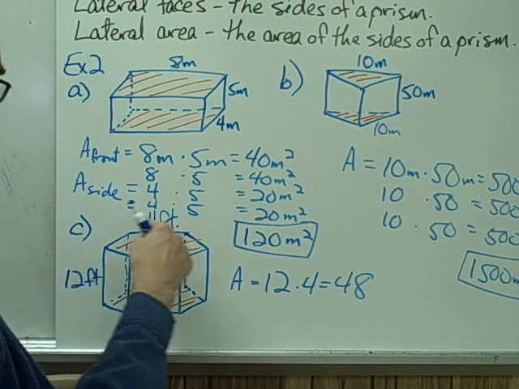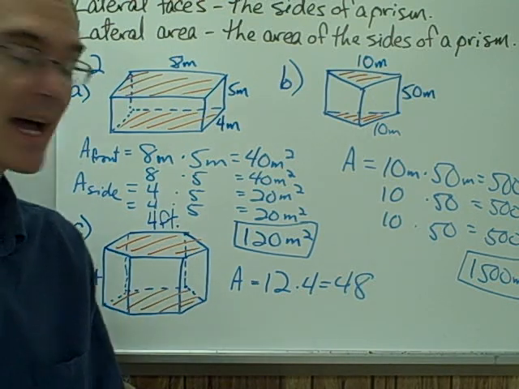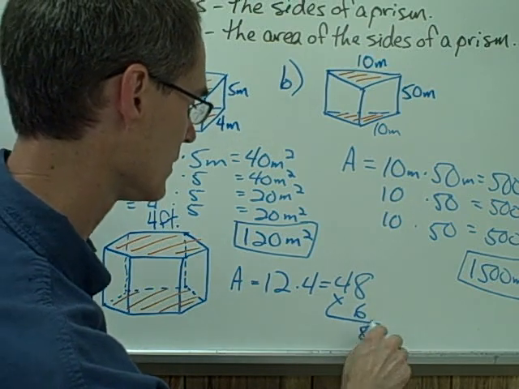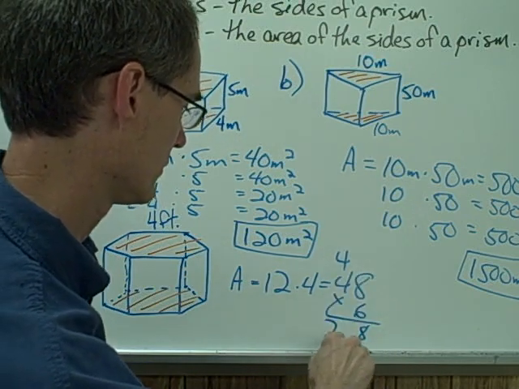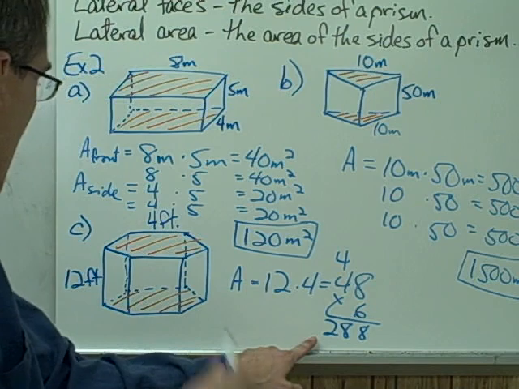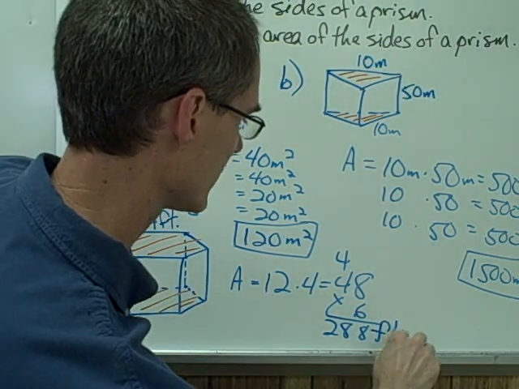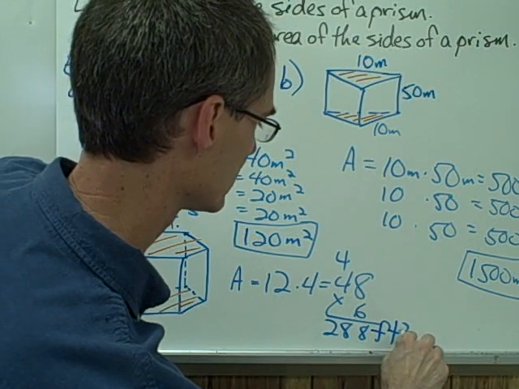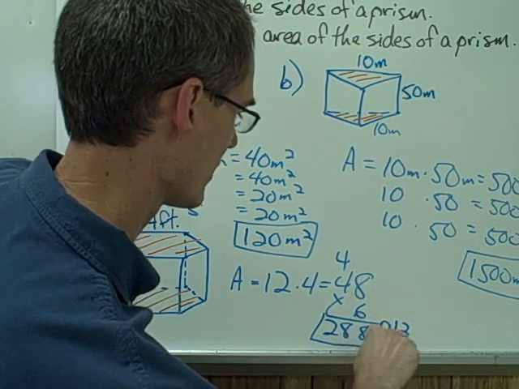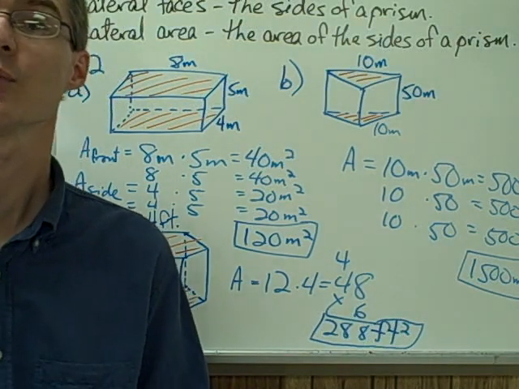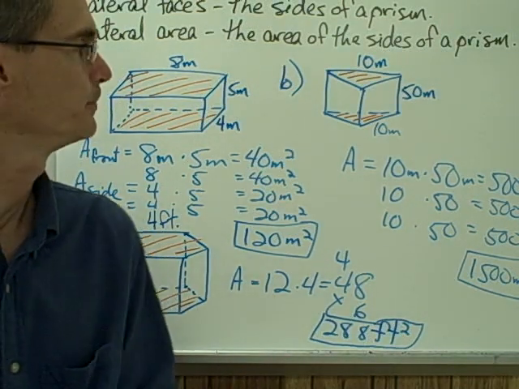Well, since I have 1, 2, 3, 4, 5, 6 of those sides, I need to multiply this times 6, and that gives me 288. My units here are feet, so that gives me 288 square feet for the lateral area for my regular hexagonal prism.